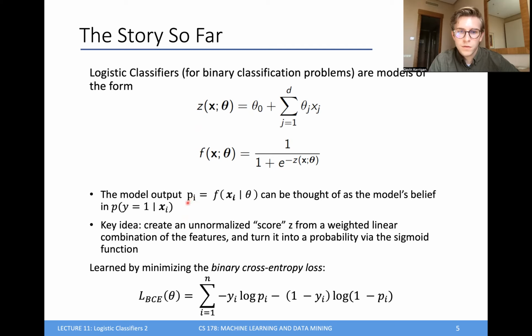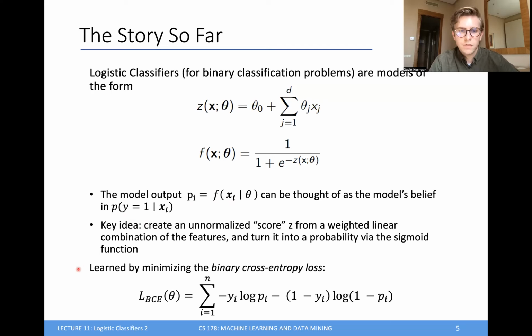We'll sometimes use this notation p sub i as the output of our model on the ith data point. So p sub i is what I get by applying my logistic model to the ith data point in, say, a training data set. And this really is representing the model's belief, or the model's confidence, in the probability that y equals 1 for this given data point.